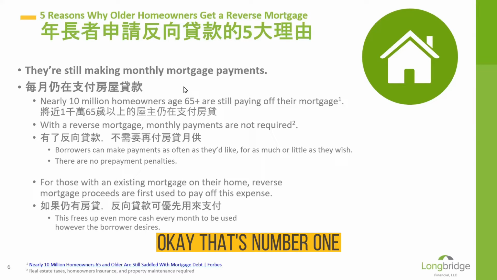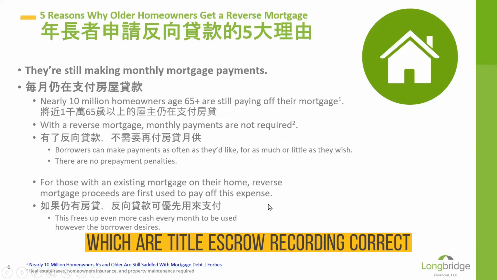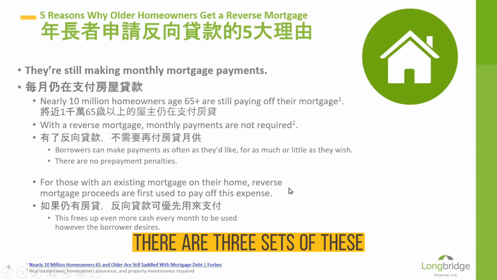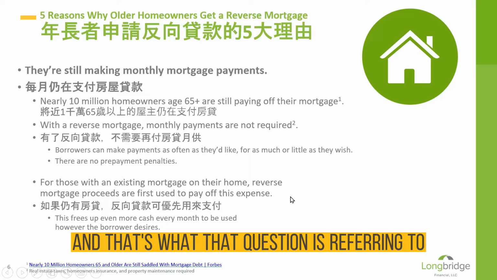That's number one, which is normal. And then you have third-party fees, which are title, escrow, recording, correct? So on a normal loan, there are two sets of fees. On the reverse mortgage, there are three sets of fees. And the third is MIP, and that's what that question is referring to.